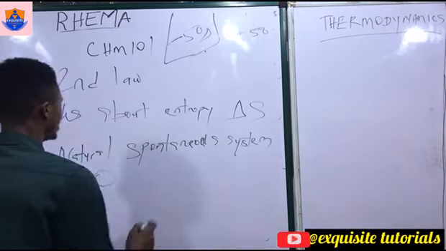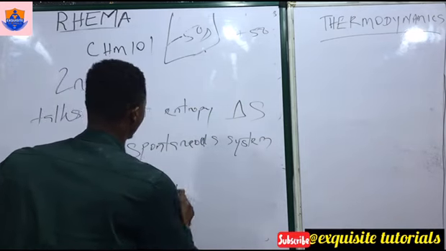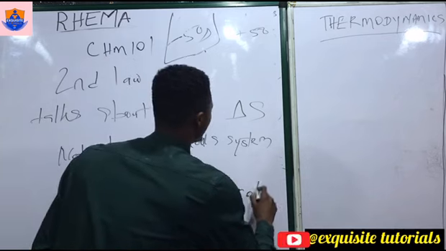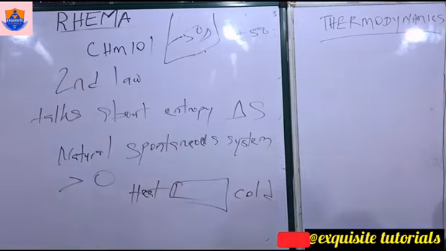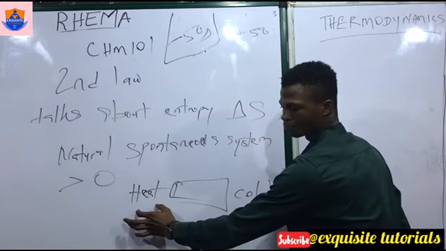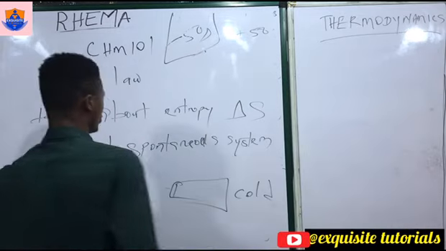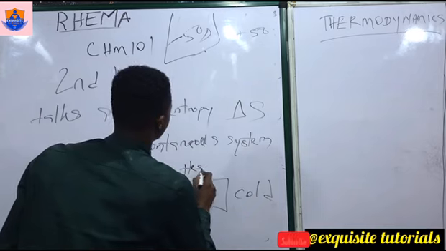Now, how do we explain this? Let's say this is a body, a conductor, here is hot, here is cold. Now we are talking about heat movement.